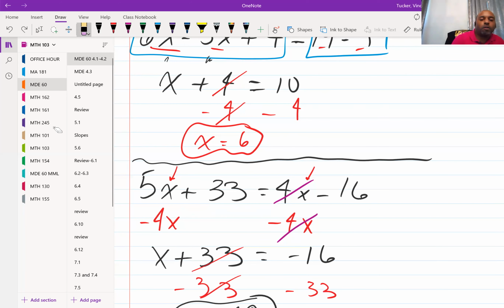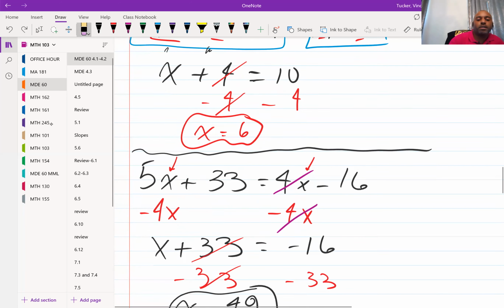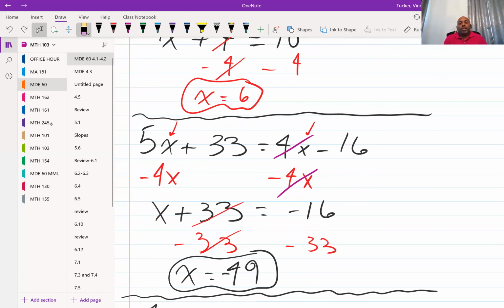Now we can finish it off by subtracting 33 from both sides. And x is equal to negative 49.